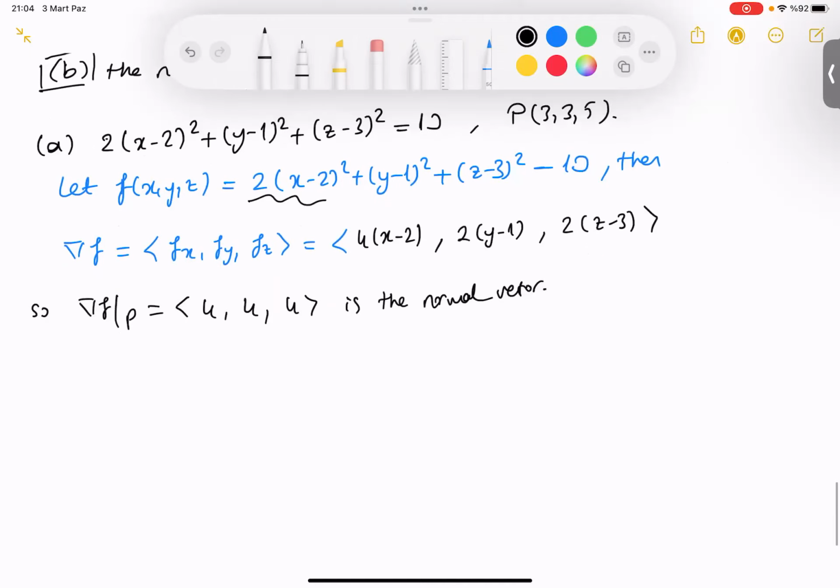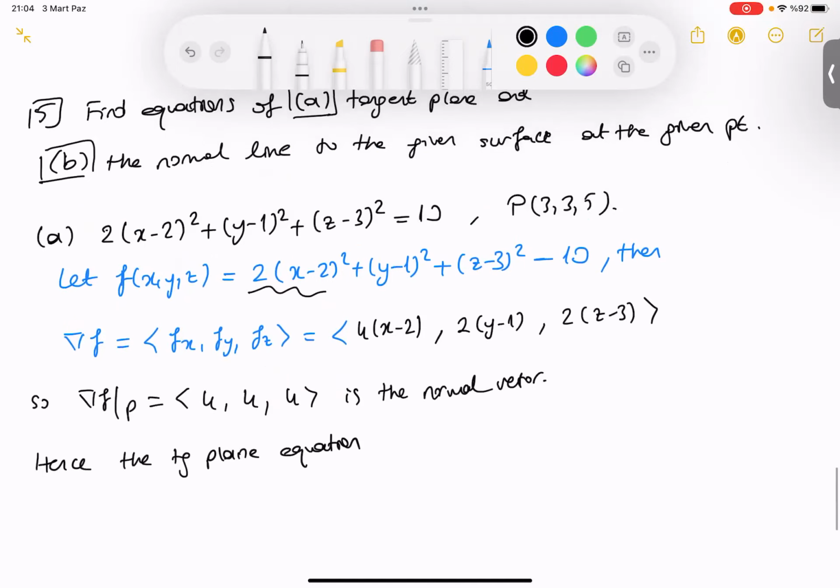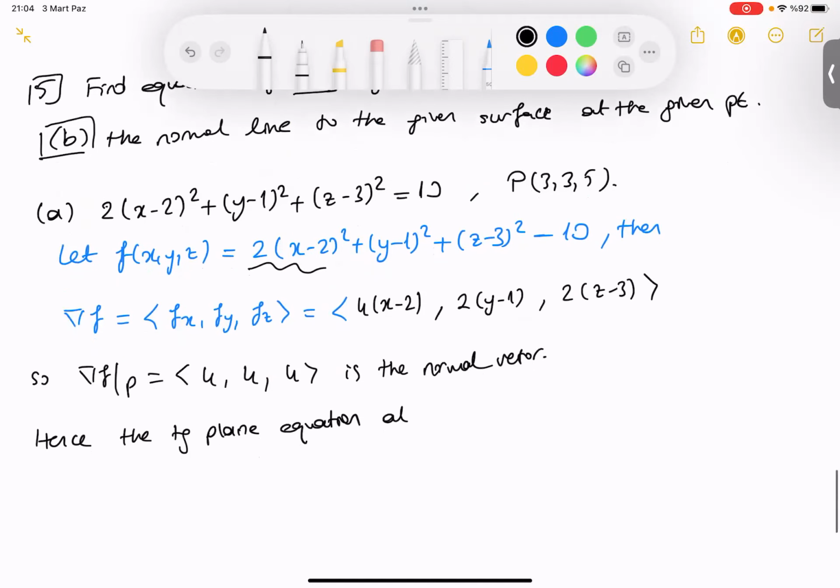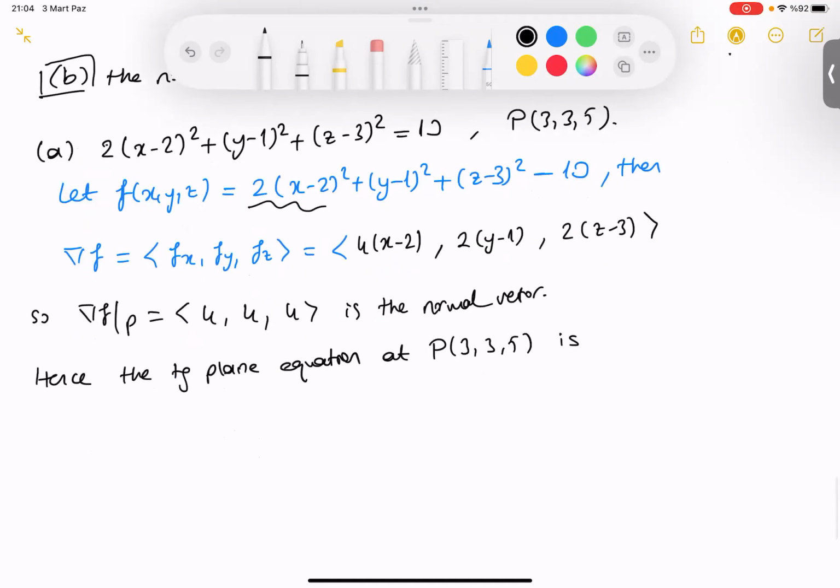Now we write the equation. Let me write here. Hence the tangent plane equation at P is, now you write as follows.